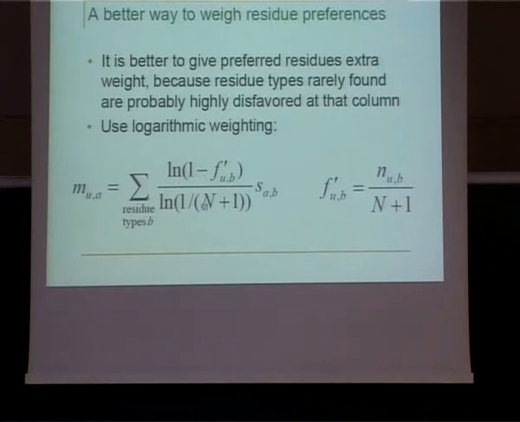If an amino acid does not occur in that column, this f prime is going to be 0, and ln of 1 minus 0, we are going to have ln 1, and this part is going to be 0. If it occurs in high percentage, and this f prime is 0.99, we are going to have 1 minus 0.99, 0.01. It's going to be a negative, large number.